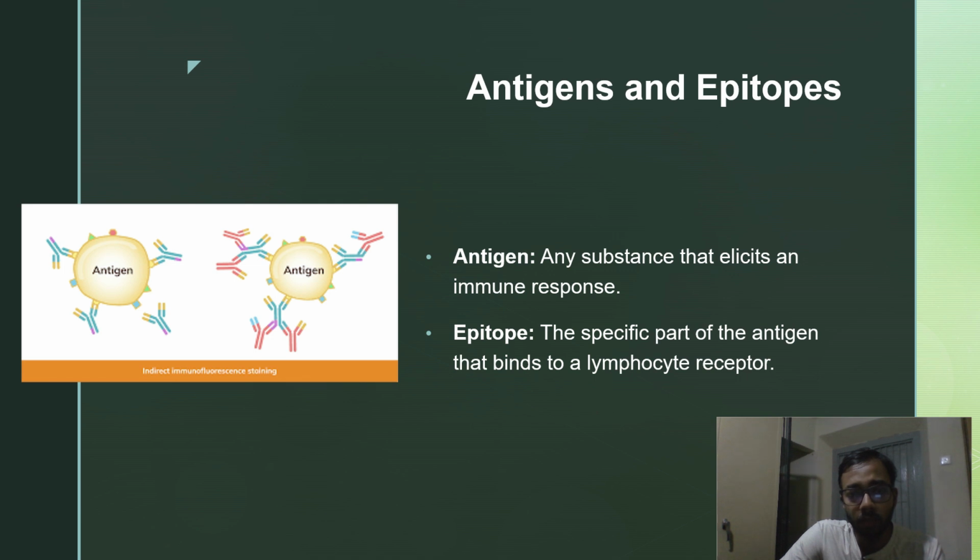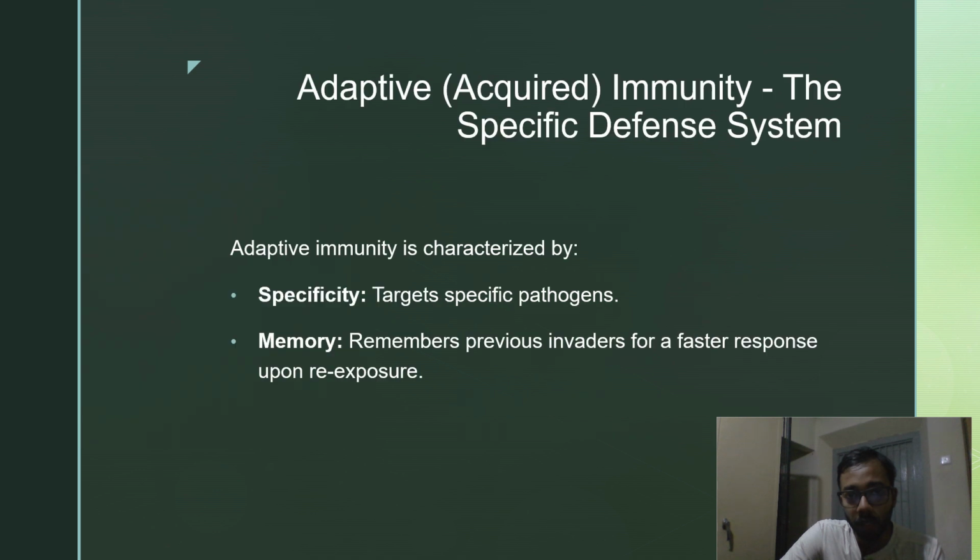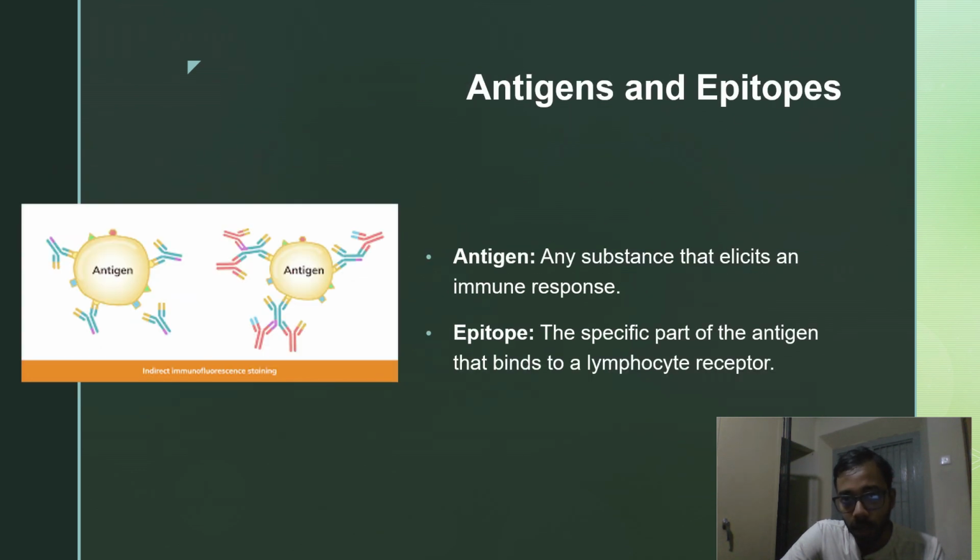And when discussing this acquired immunity or adaptive immunity, there is another important thing that you need to consider, that is antigens. An antigen is any substance that can elicit an immune response. So anything can act as an antigen.